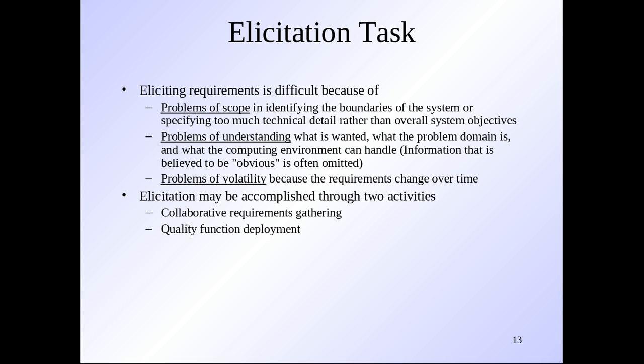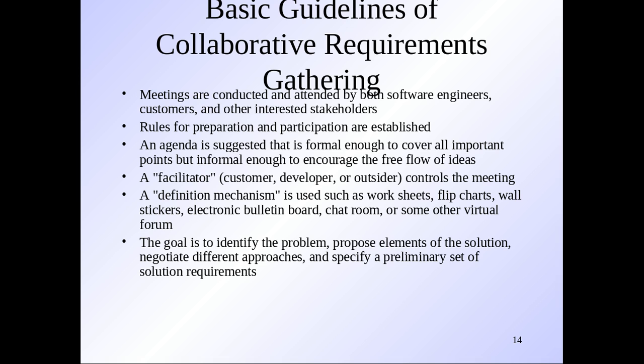Okay, so initiation may be accomplished through two activities: collaborative requirement gathering and quality function deployment. The basic guideline of collaborative requirement gathering is a meeting conducted and attended by both software engineers and customers and other interested stakeholders also.